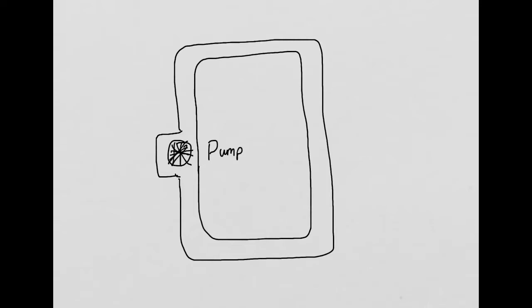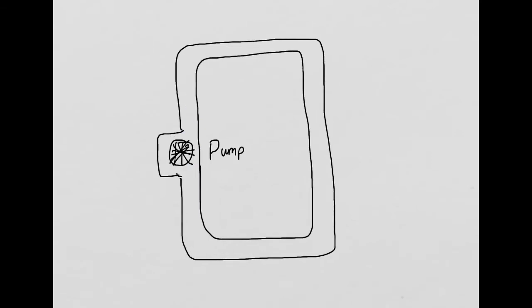But if we add a pump, this pump is like our battery, like our power source. This is going to cause the water to want to flow around the circuit. It's providing potential difference, let's say. So it's providing some energy to the water in order for the water to flow around the circuit.